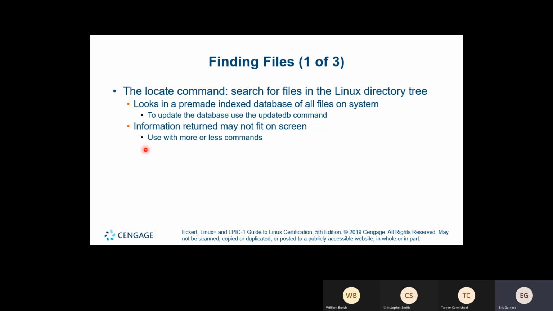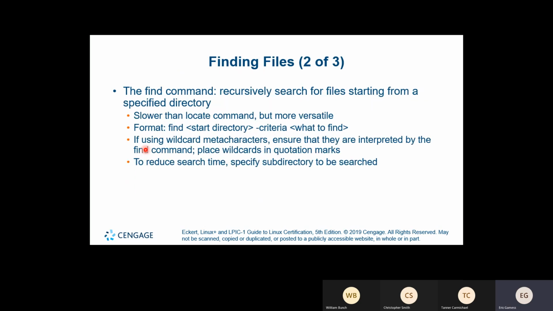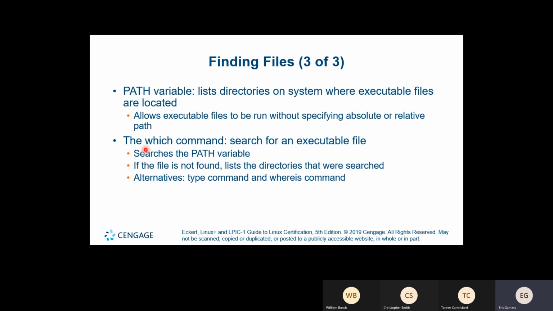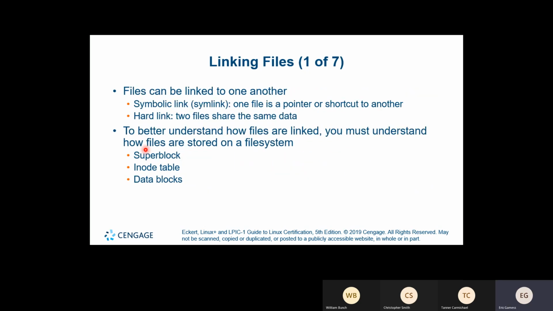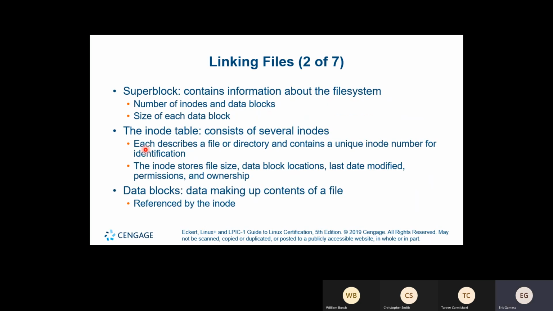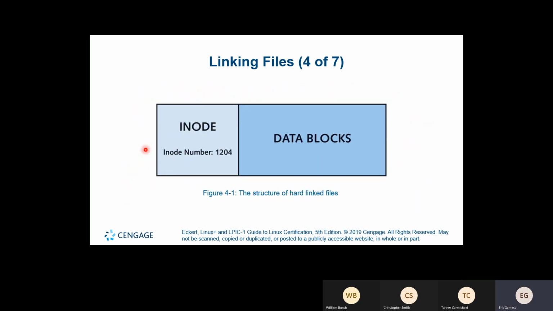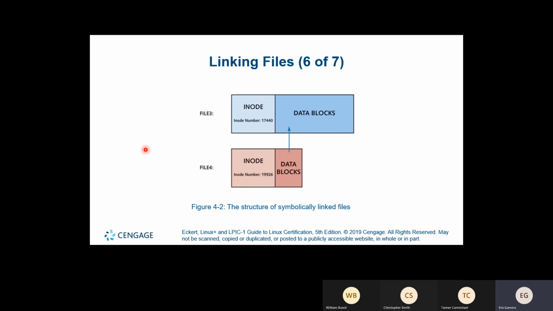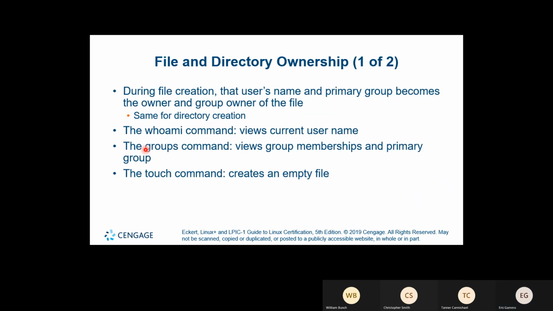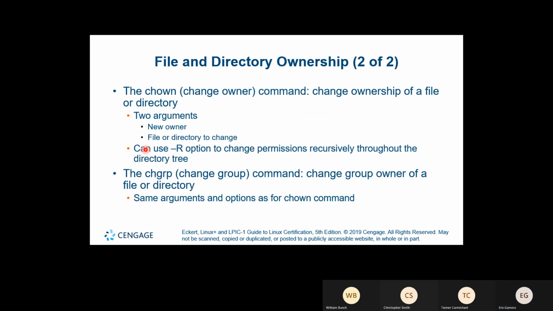Okay, let me see. The find command is very powerful. I skip it for now. The path, symbolic link, hard link, let me skip all this. I want to go through the users.